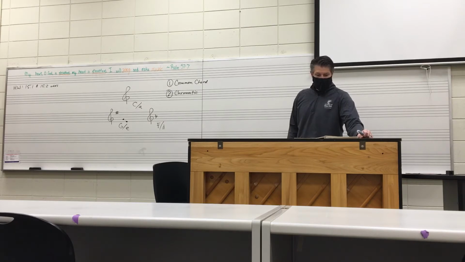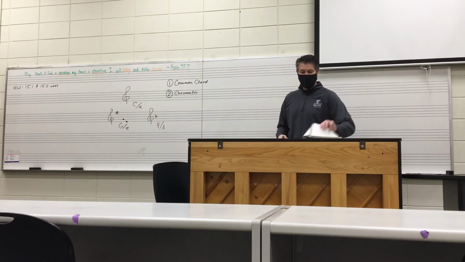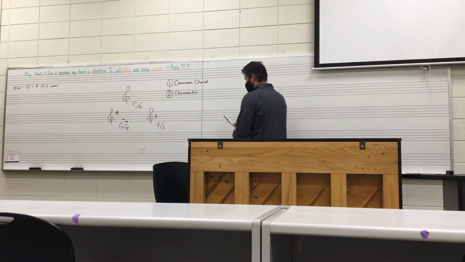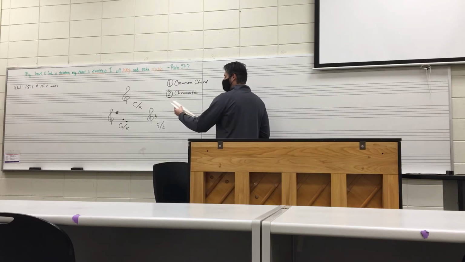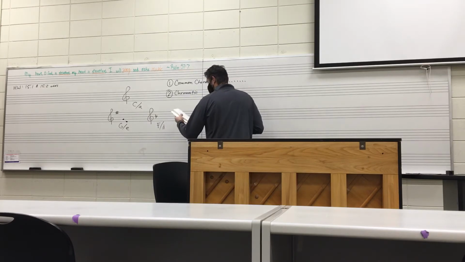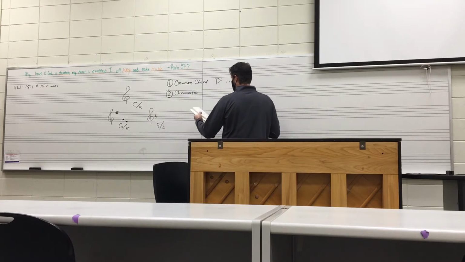And there's a major difference in the way we analyze these with Roman numerals and brackets. The common chord, we see in figure 15.2, how we're going along in the key of D, analyzing all our Roman numerals until we get to the middle of measure 5.